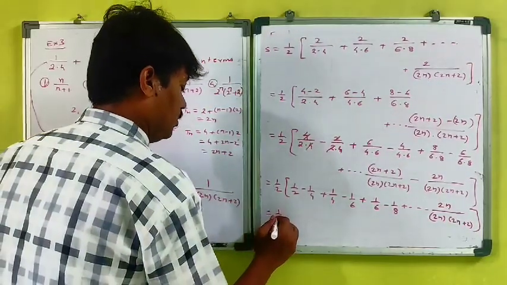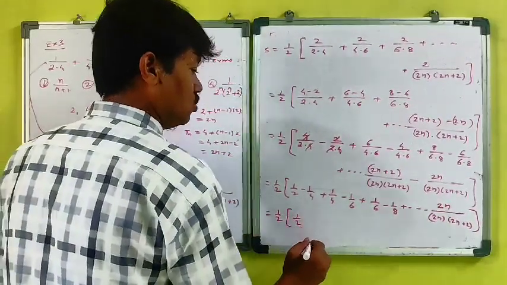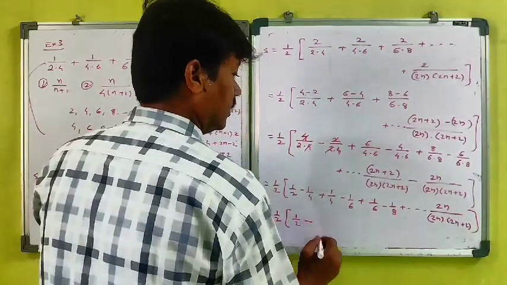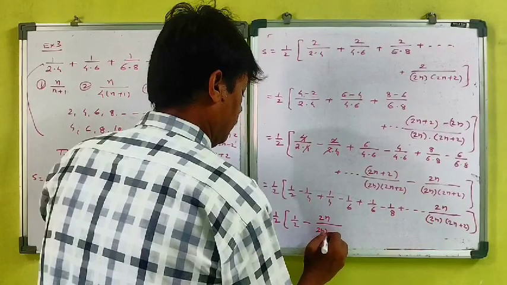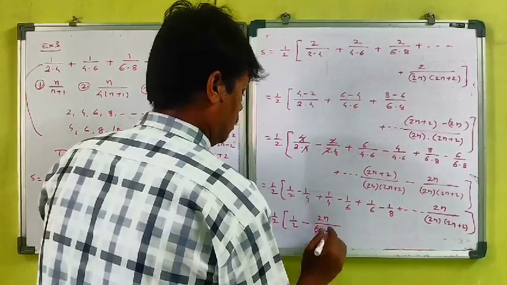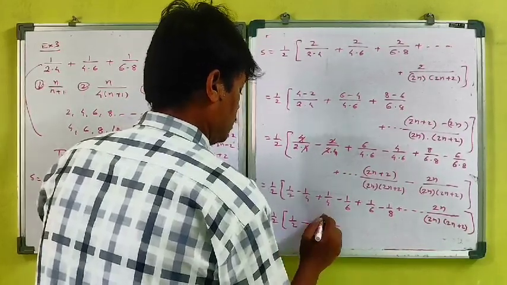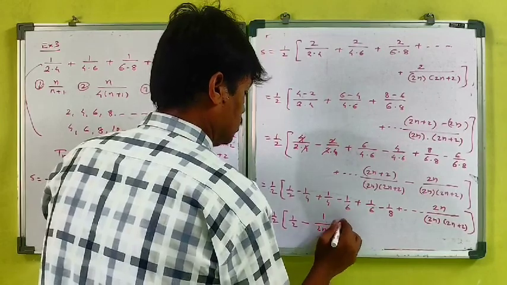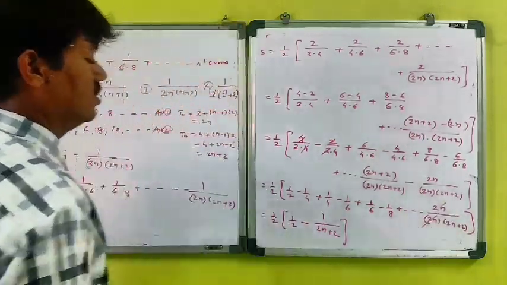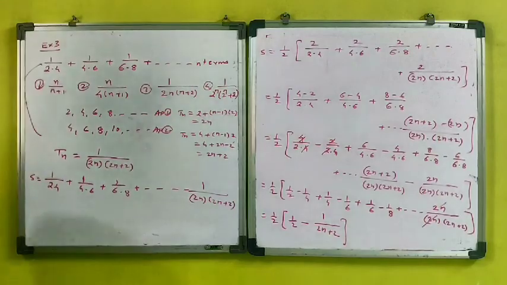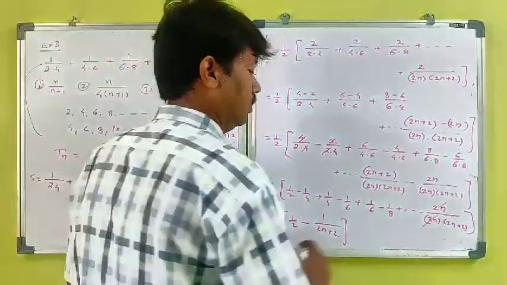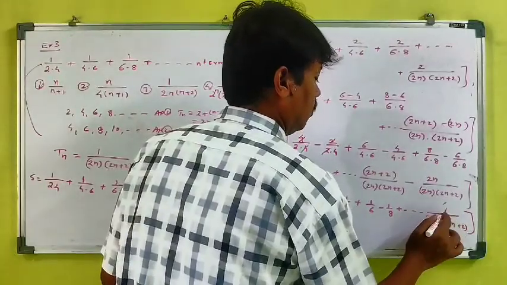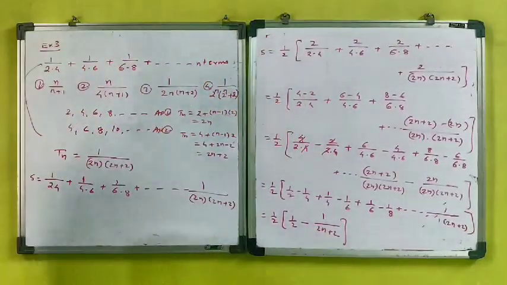So it is 1 upon 2 minus, in fact it is 1 upon 2n plus 2, because 2n also gets cancelled. So that is the last term remaining: 1 upon 2n plus 2.